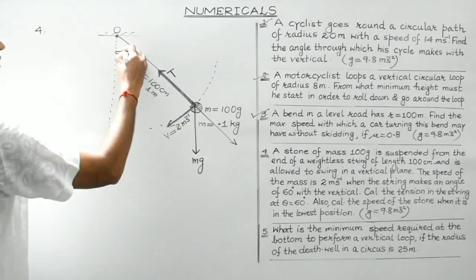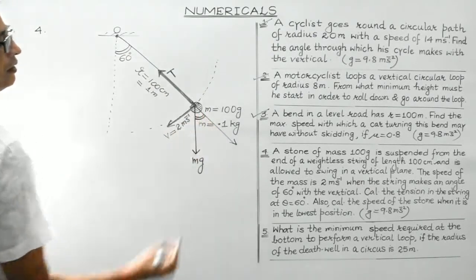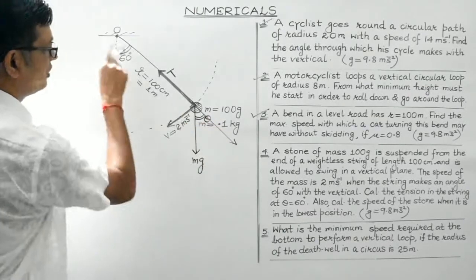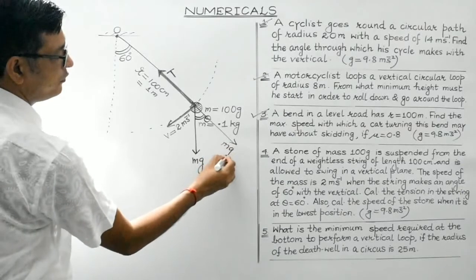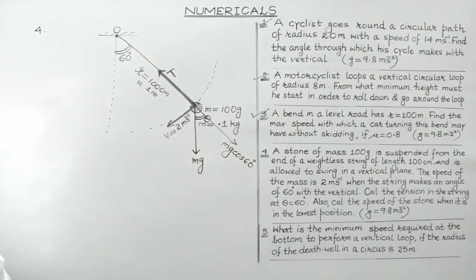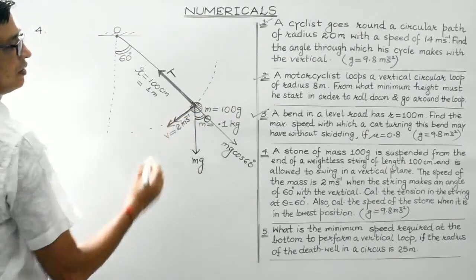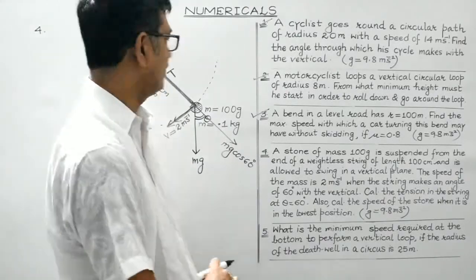Now, this angle would obviously be equal to this angle. This will also be theta, which is 60 degree. So it will be mg cos 60 degree. And the other component would be along this direction, that will be mg sin theta, which we don't require.